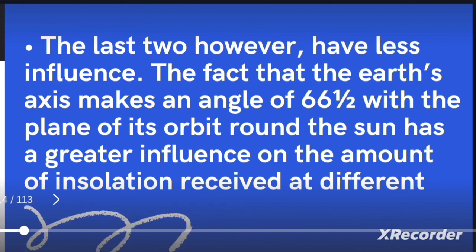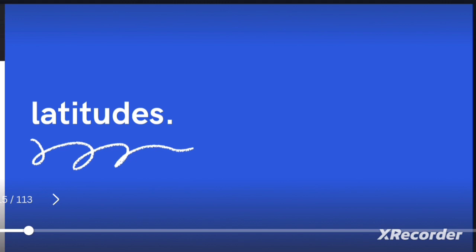The last two, however, have less influence. The fact that the Earth's axis makes an angle of 66½ degrees with the plane of its orbit around the Sun has a greater influence on the amount of insolation received at different latitudes.